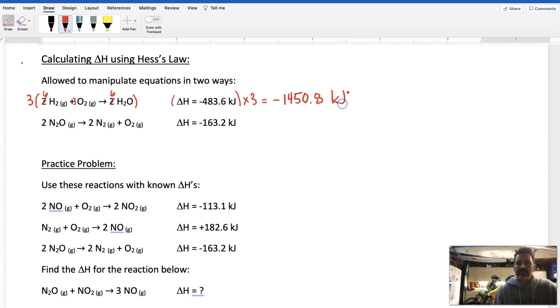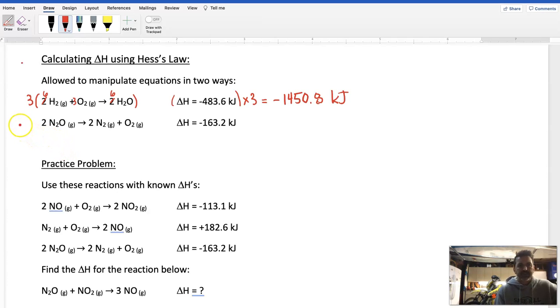Okay? So that's just one thing you're allowed to do. You're allowed to multiply or divide by any number you want. You just have to remember that if you do that, you also have to multiply the delta H by the same number.